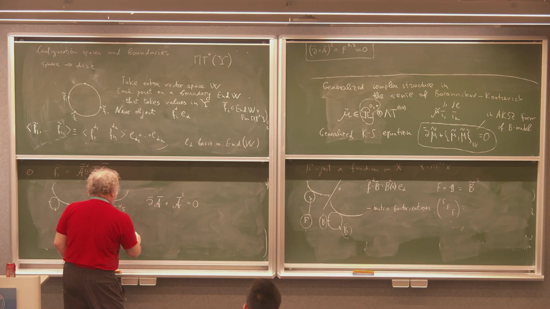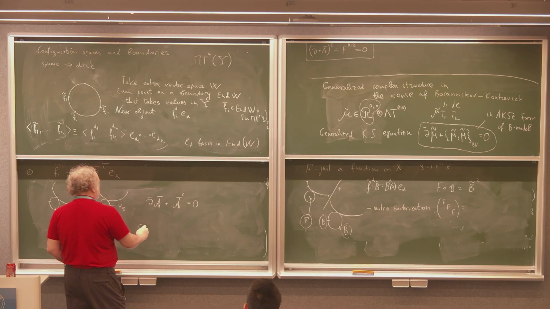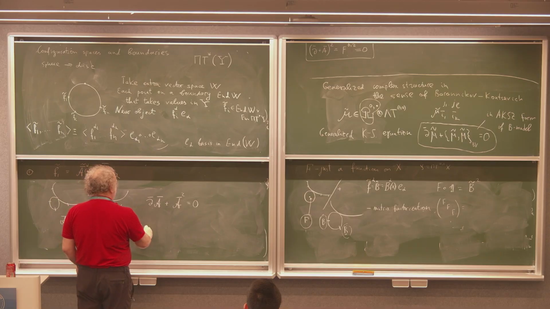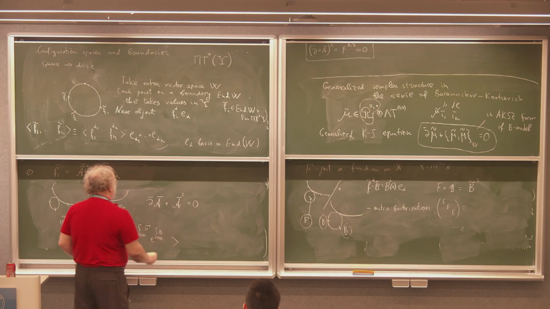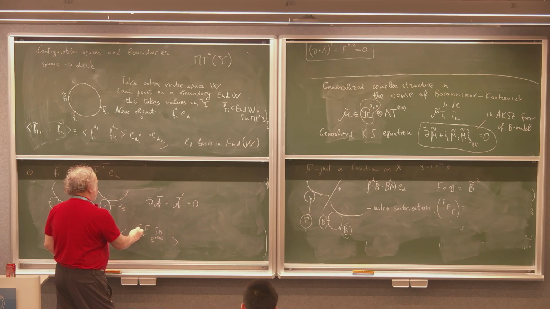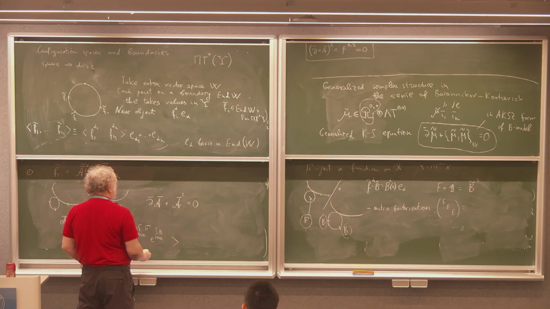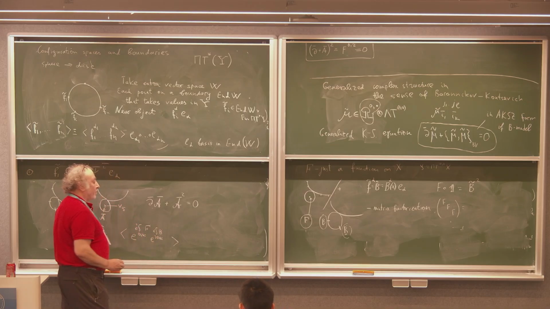So it should be written in the following way, over the disk. And here we have observable F. And we simultaneously put observable B on the boundary. And we put here deformation parameter epsilon squared and here deformation parameter epsilon.